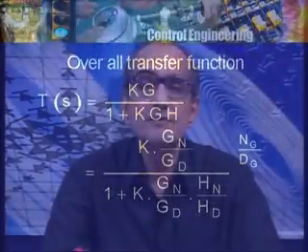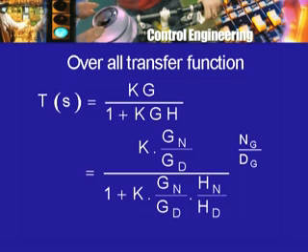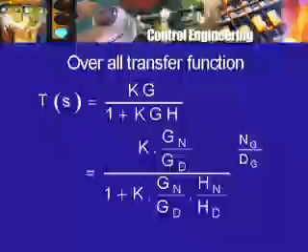You should go back to this very quickly and find out for yourself that this was indeed the transfer function of the standard feedback system configuration: K and G in the forward path, H in the feedback path, and a comparator device with a negative sign at the input. So, T(s) was KG divided by 1 plus KGH. Then what did we do? We looked at each G and H, which in most of our applications is a rational function, that is, a ratio of two polynomials.